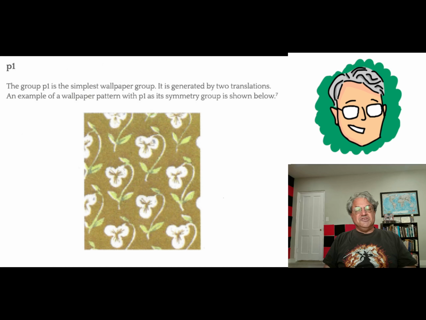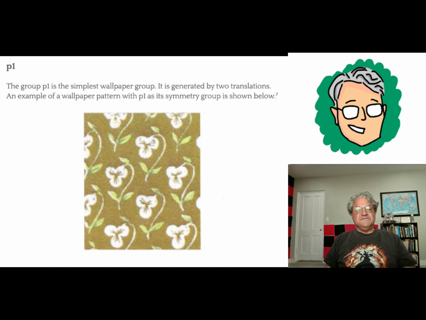For instance, it gets repeated to the right. If you go about, in this picture, a little over half the horizontal distance displayed, you get another flower that looks exactly the same. But you don't have to just go in that direction. You could go up and to the right, and then you'll get another repeat.